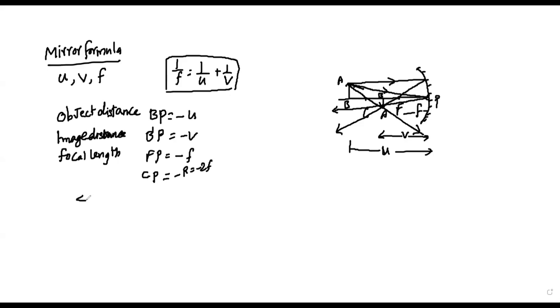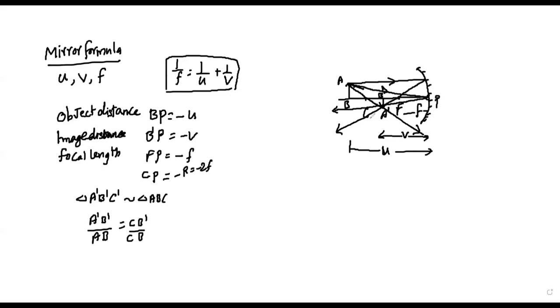As you know, triangle A dash B dash C is similar to triangle ABC. So A dash B dash by AB is equal to CB dash by CB. Let's say this is B dash, A dash.